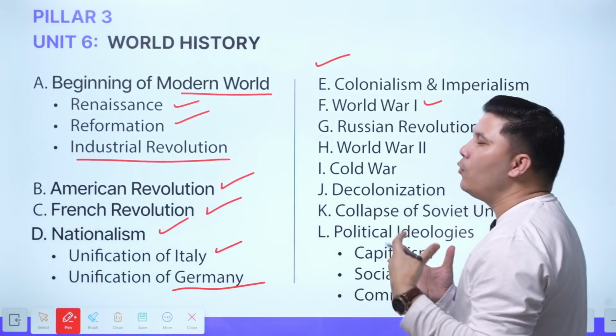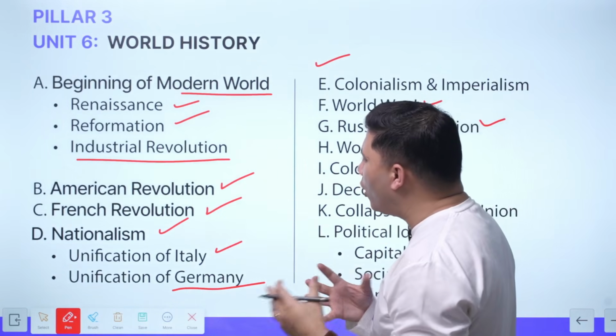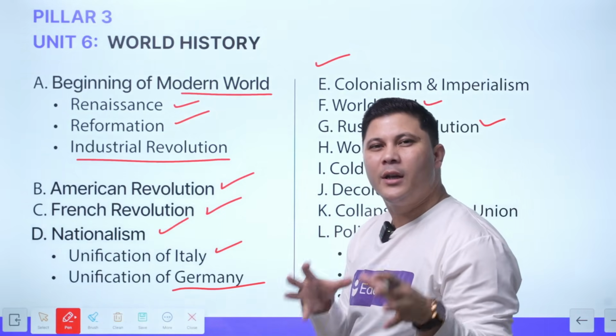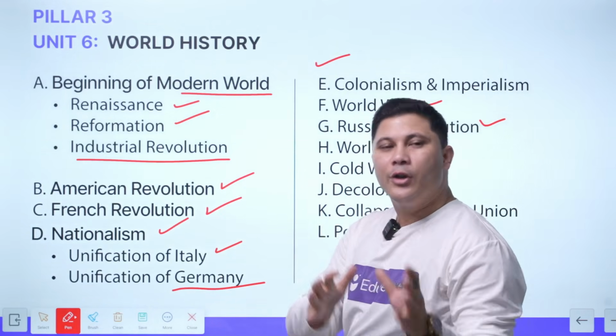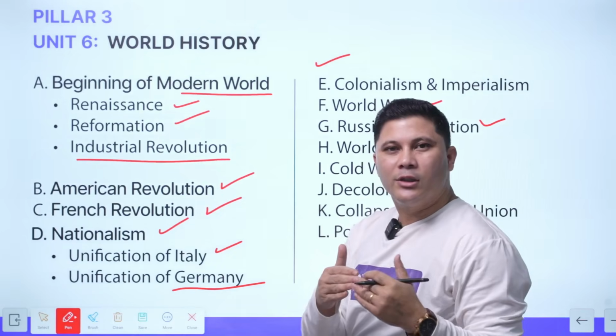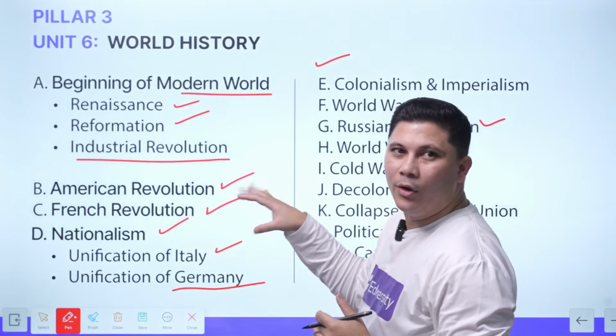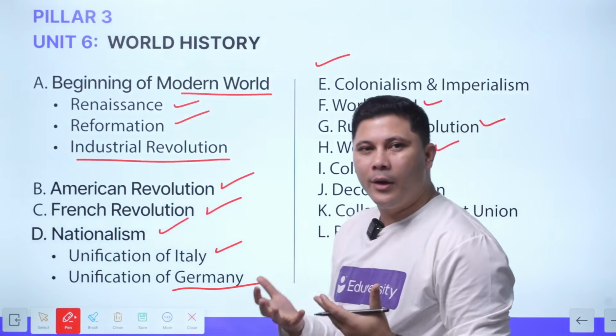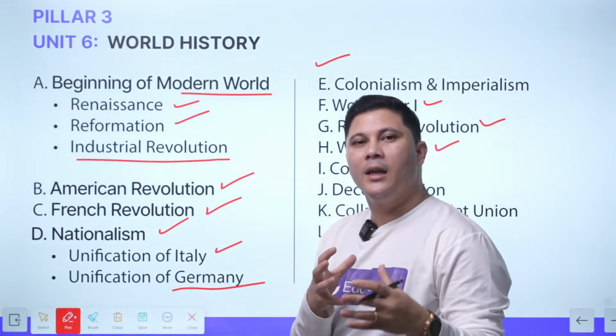So in world history, you won't find a very unknown or unseen topic. Most of the topics you would have touched during your school days. If you just go through it, I think you will be able to study and understand world history.